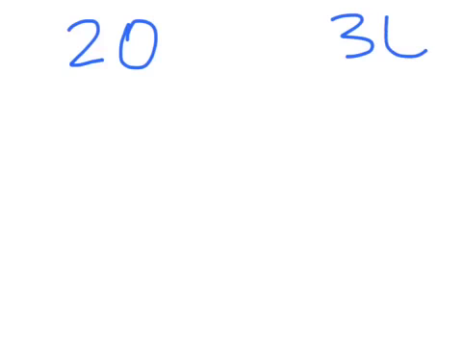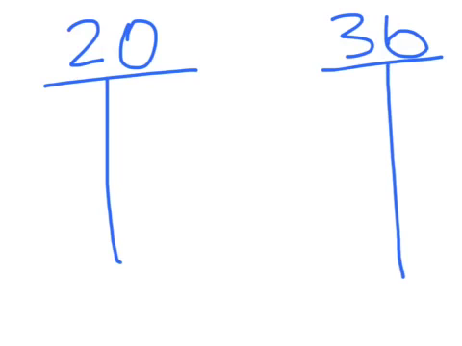Okay, so let's practice finding the common factors. We're going to choose two numbers, 20 and 36. When I start looking at these, I like to make a nice organized table. First thing I notice about these two numbers is they're both even. If even numbers end in 0, 2, 4, 6, or 8, I know that they're going to be divisible by 2.